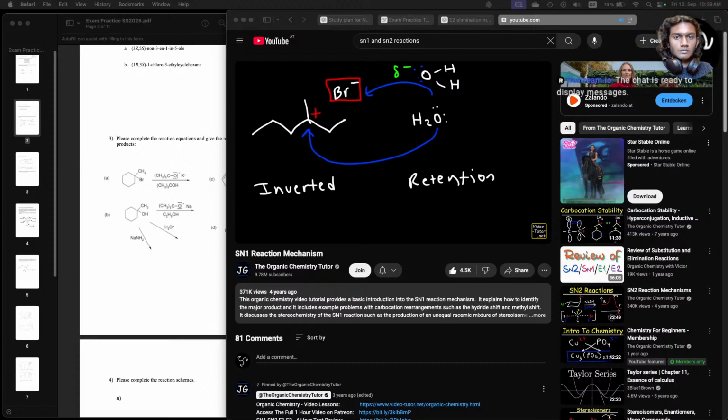So due to that repulsion of the bromide ion and the water, we are going to get less of the retention product and more of the inverted product. It could be a 60-40 ratio, and in some cases, a 70-30 ratio. You still get a mixture of these two stereoisomers. However, you do get more of the inverted product than the retention product.